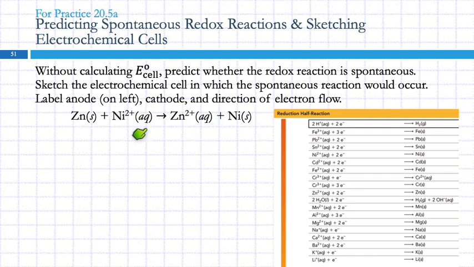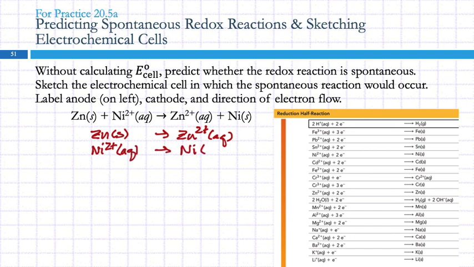Well, let's look at what we've got going on here. You could look at this without pulling them apart, but I'm going to pull them apart. So I have zinc going to zinc ion, and I have nickel ions going to nickel solid.